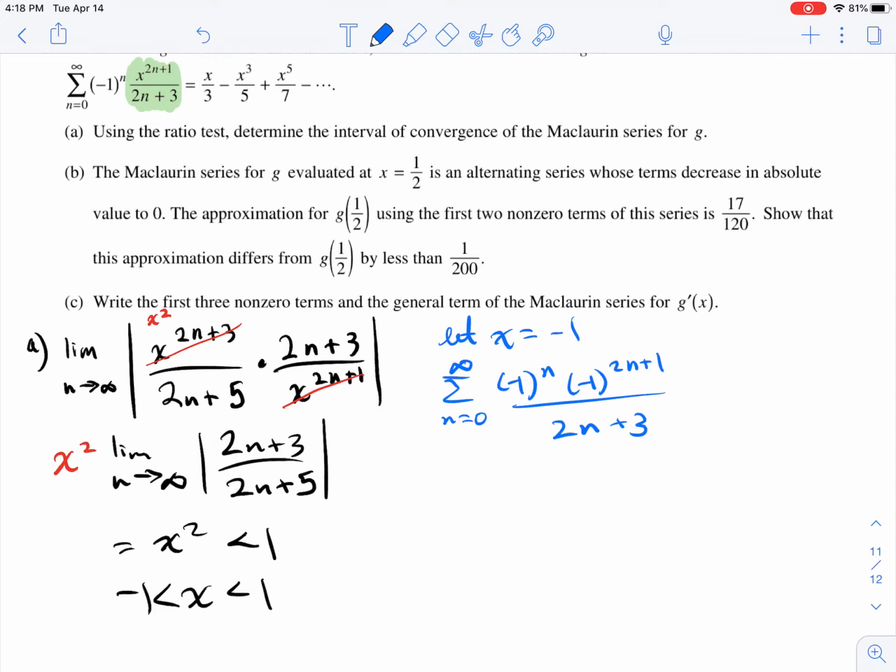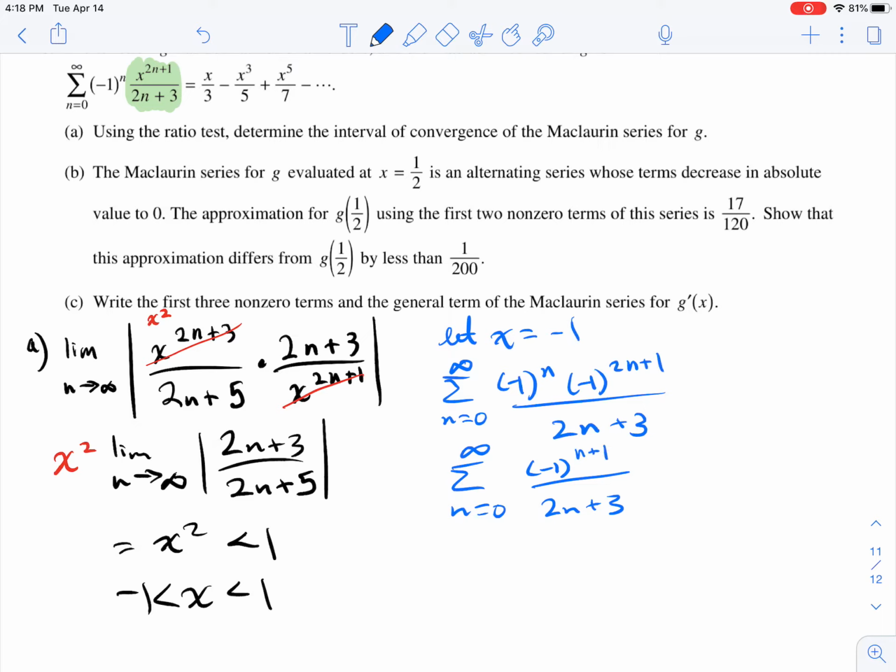And however you want to think about this, you should be able to simplify that numerator until it resembles something like this. Well, we know that (-1)^(2n) is always just going to be +1. So in the second term in the numerator, we're really just looking at -1 to the 1 power, which is always -1. So that would just be (-1)^(n+1) all over 2n plus 3.